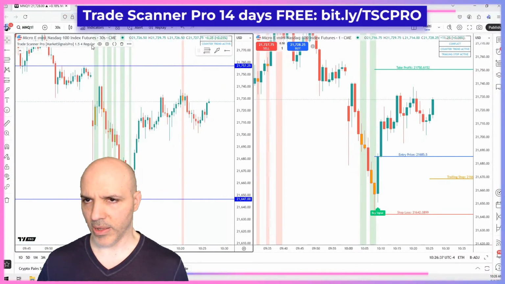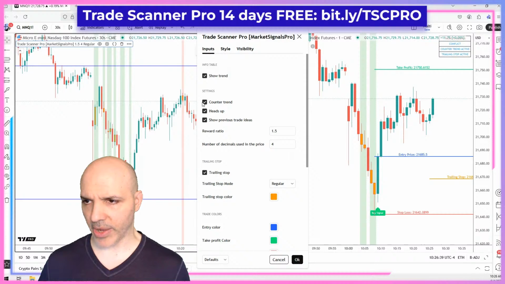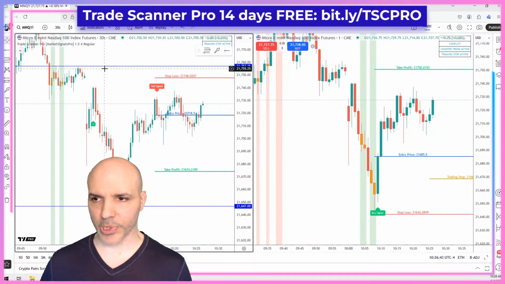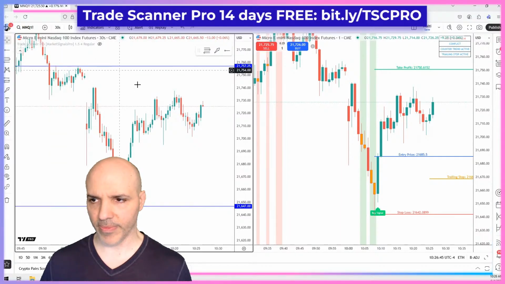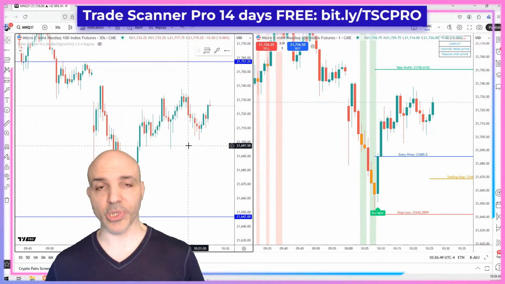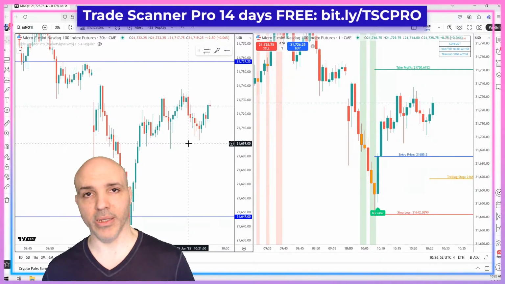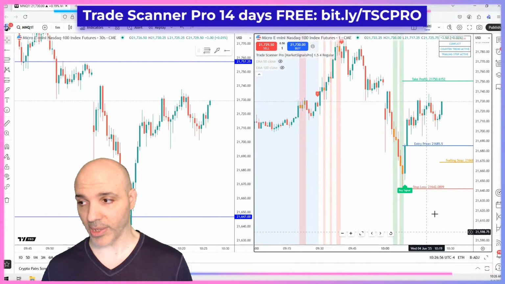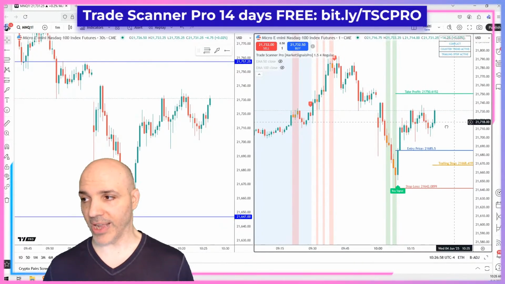Okay, so I want to turn counter trend off. And this short trade is not relevant because I'm not looking for shorts. Like I said, the Trade Scanner Pro doesn't carry the weight. The Trade Scanner Pro simply helps to simplify decisions. That's all it does.